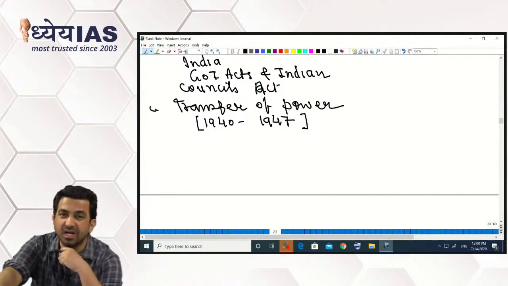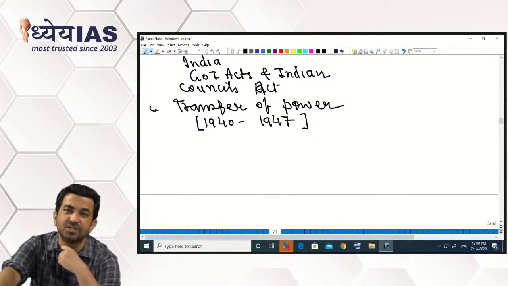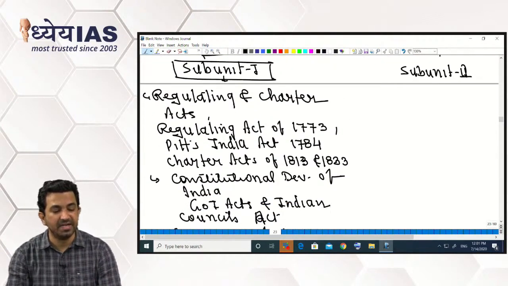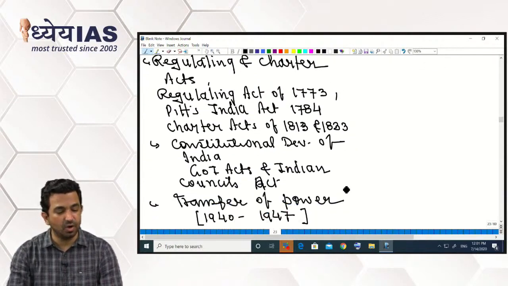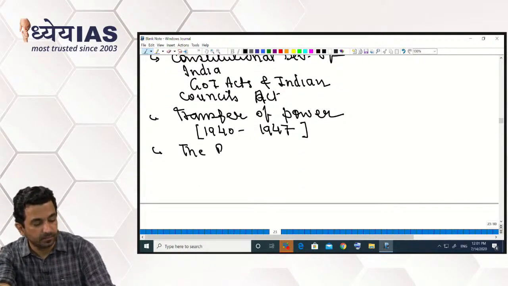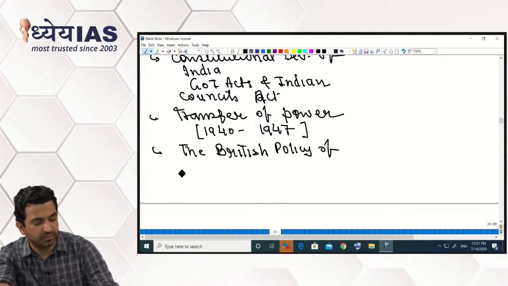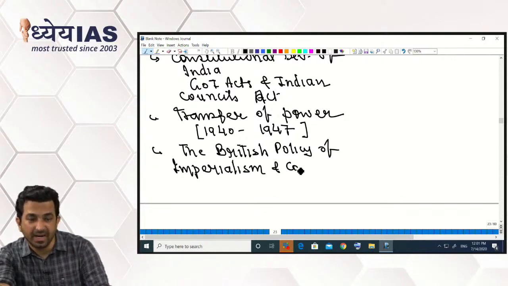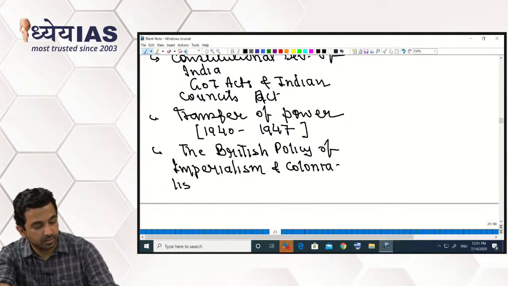And this includes August Offer, Cripps Mission, Wavell Plan, and Cabinet Mission Plan. Transfer of power, regulating and charter acts, then constitutional development of India, transfer of power, and the British policy of imperialism and colonialism.